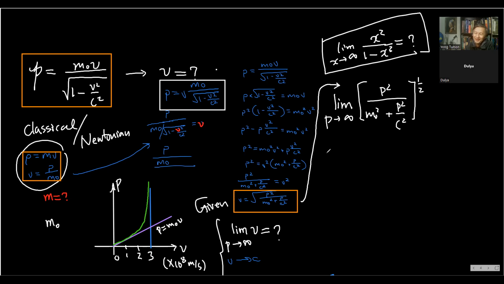Well, you can divide. Can we just divide by P squared? So P squared divided by P squared, and also the denominator divided by P squared. Can we do that?